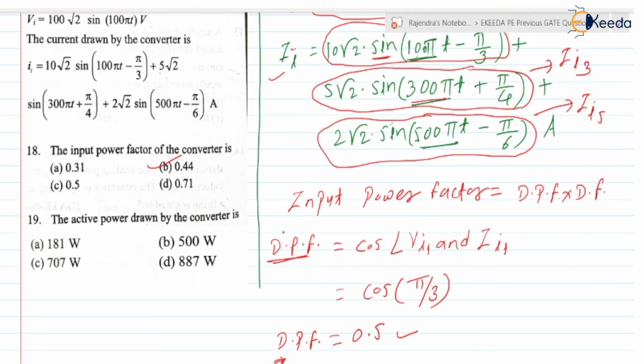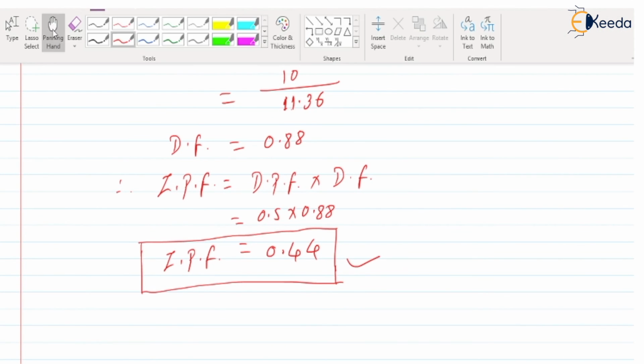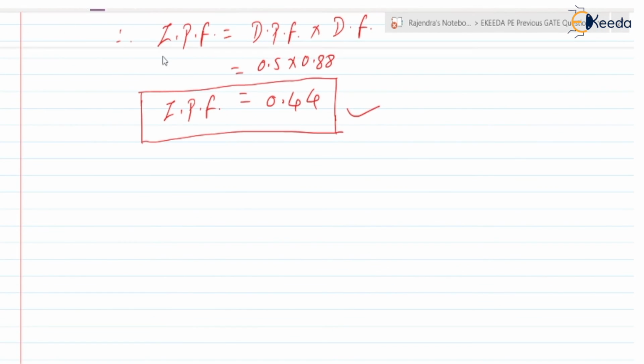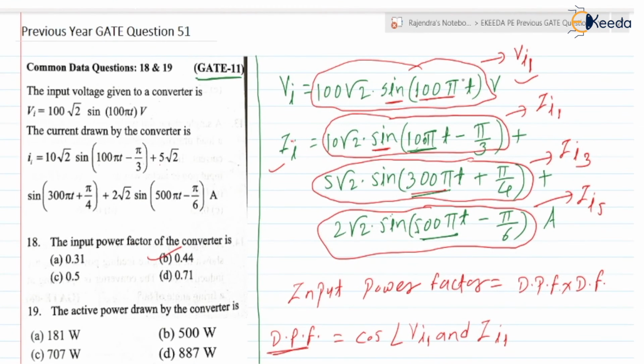Next, the active power drawn by the converter. Active power drawn by the converter means V into I into cos phi. For the second question, I am writing it as B. Active power drawn by the converter is equal to V I RMS into, now if you check, the voltage consists of only the fundamental component. Are the third harmonic and the fifth harmonic components present in the voltage?